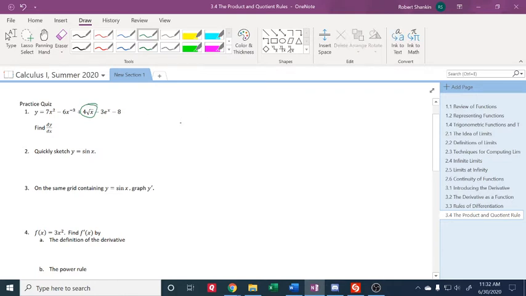All the rest of them are. We want x to a power, and then we can use the power rule on each of these. So instead of starting out like this, I'm going to start out like this.